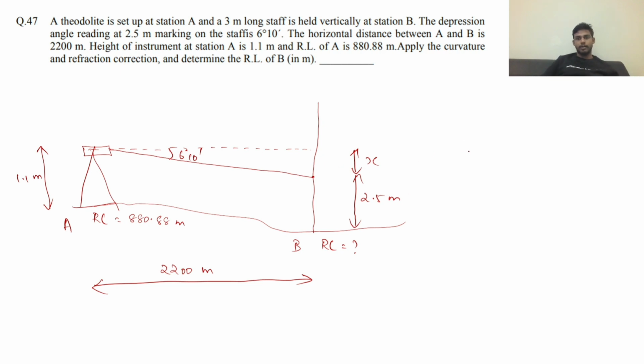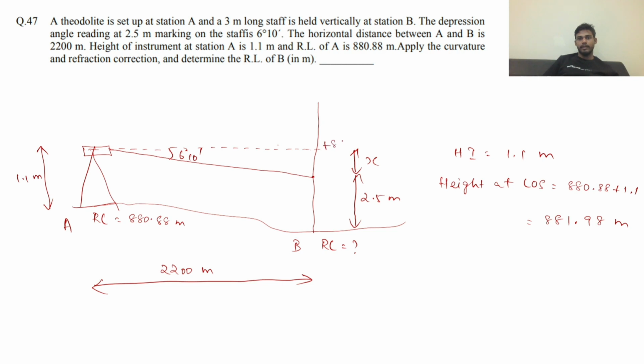Height of instrument is given as 1.1 meter. So the height of line of sight or line of collimation is equal to 880.88 plus 1.1, which is 881.98 meter.